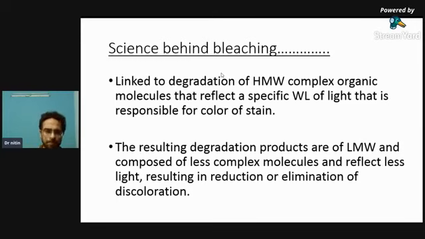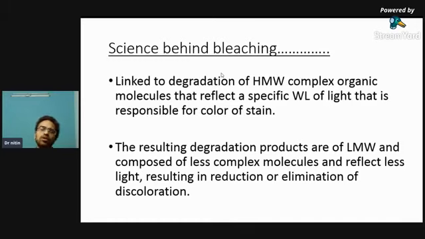avoid also. Okay, so moving towards the science, first of all, how it acts. The mechanism of a bleaching agent is, when it starts acting, it is linked to a degradation of higher molecular weight complexes.